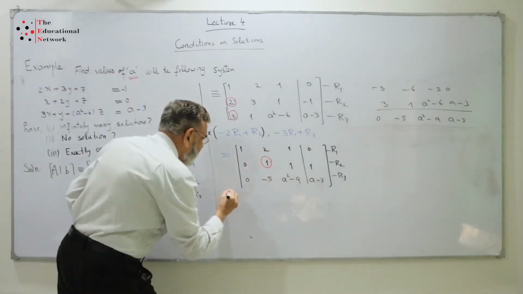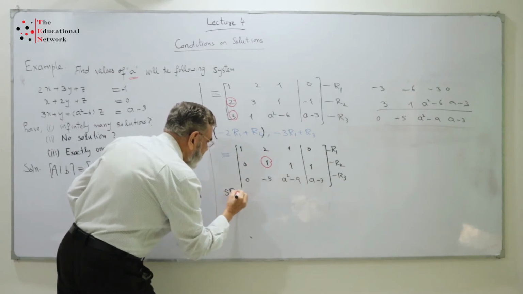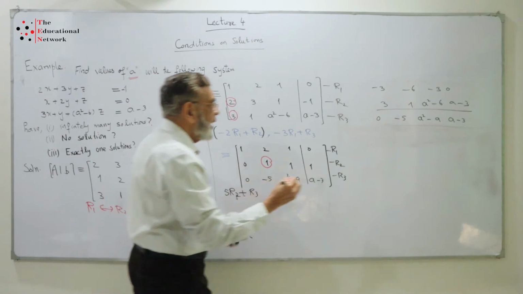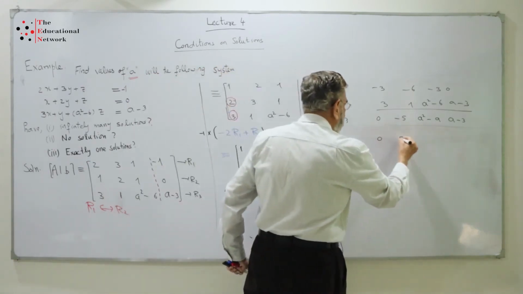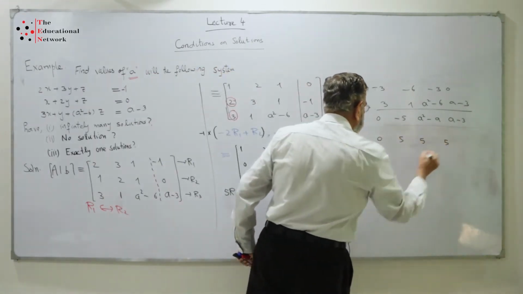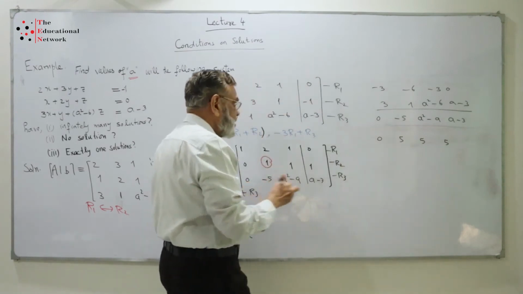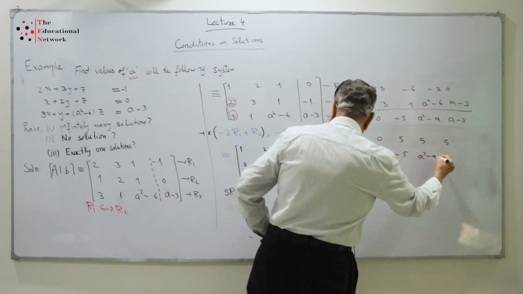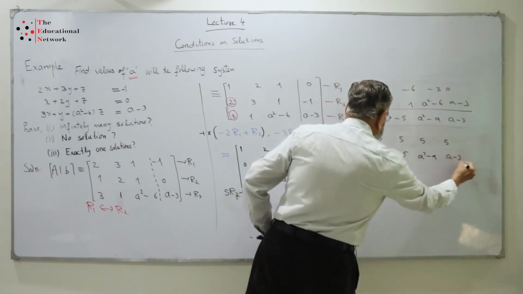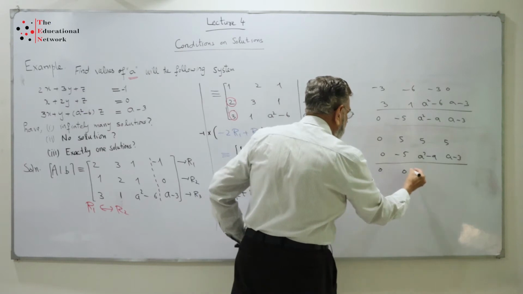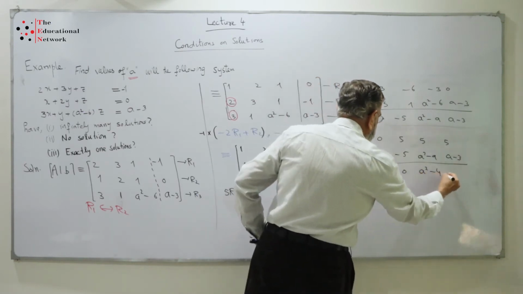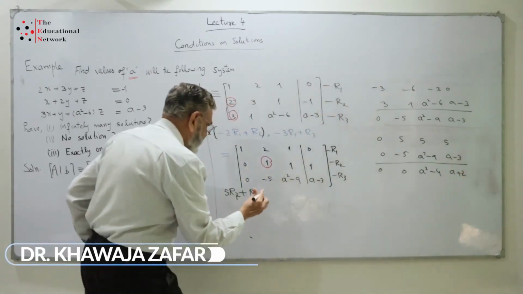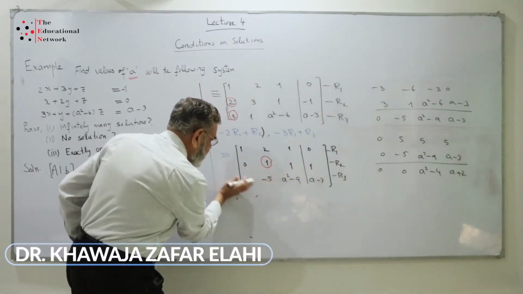I multiply R2 by 5 and get 0, 5, 5 and 5. I add my last row, 0, -5, a square -9 and -3. We add and get 0, 0, a square -4, and a plus 2.